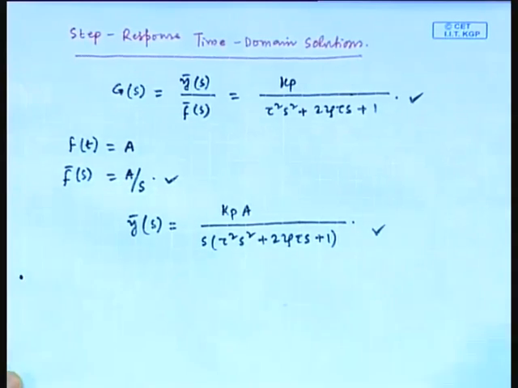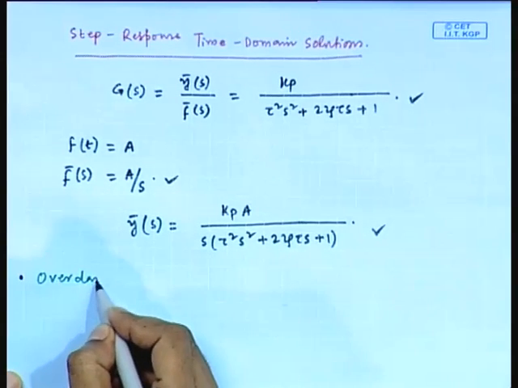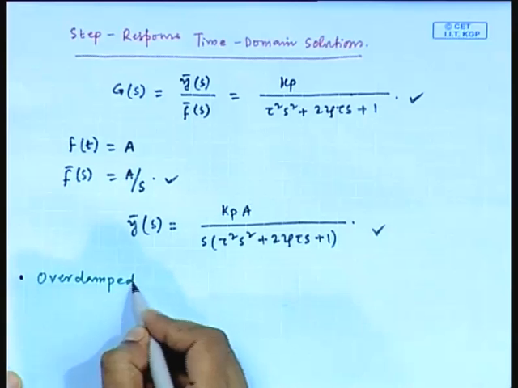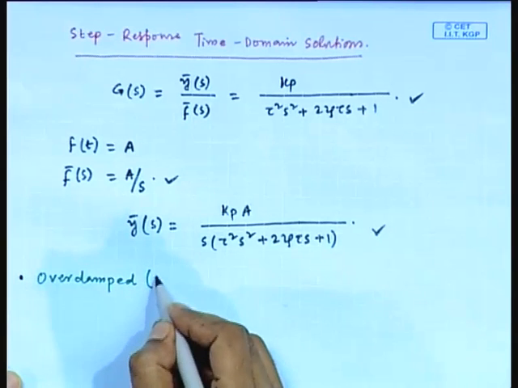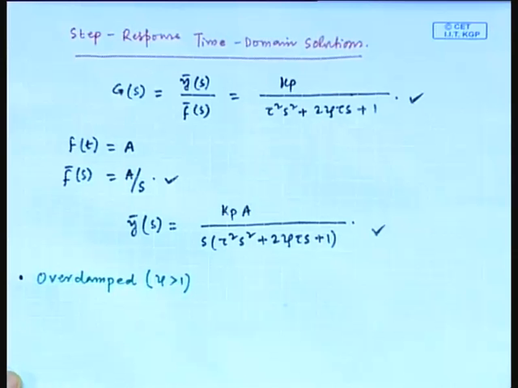So, first we will write the expression for the case of overdamped response. In the case of overdamped response, we have zeta greater than 1. Fine.